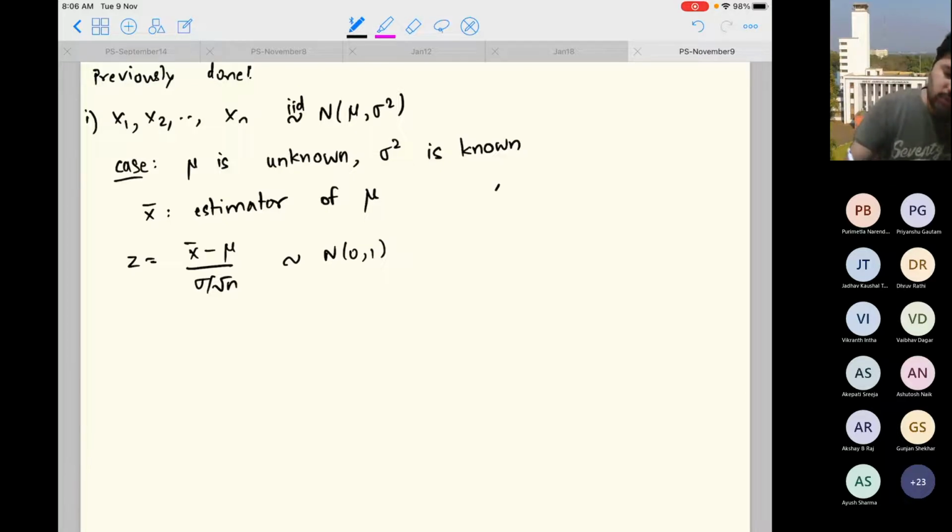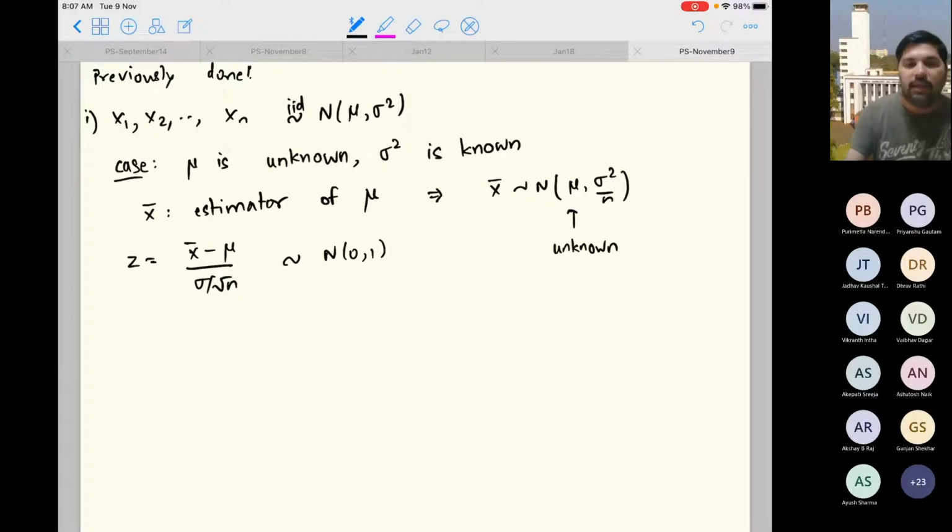So basically what we know is X bar follows normal density with mean mu and variance sigma square by n. So this is something that we already know. Here mu is the unknown parameter, but this sigma square by n is known, since sigma is known. So this was something that we looked at.